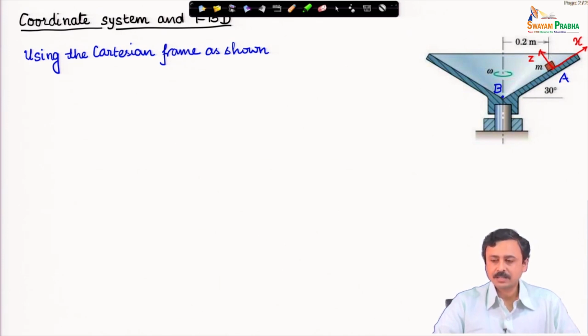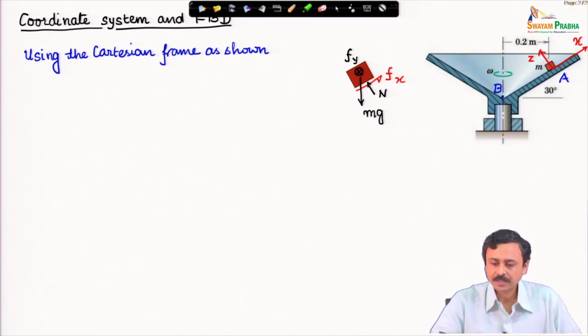Once we have this coordinate system fixed, then we draw the free body diagram. This is the small block whose free body diagram we have to draw. The first thing that you notice is the weight, which is acting vertically downwards.